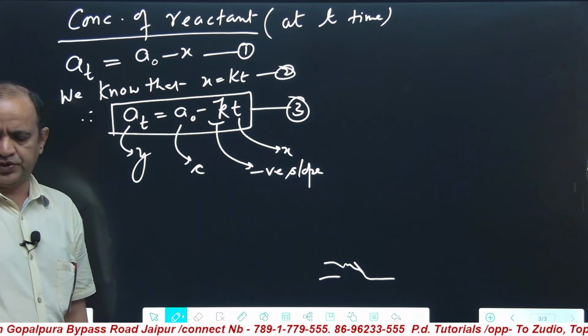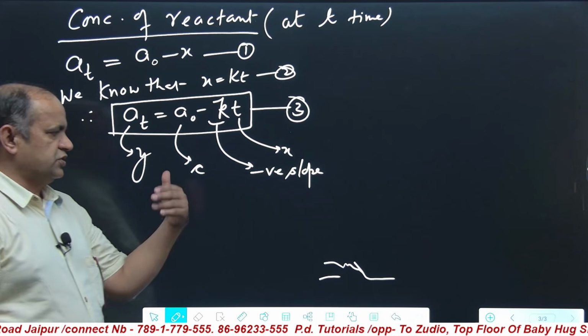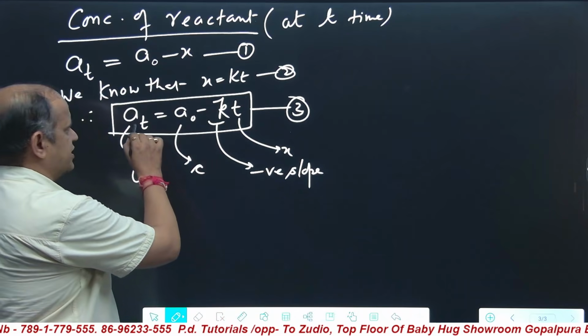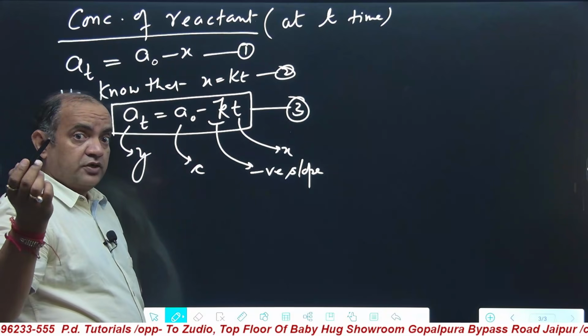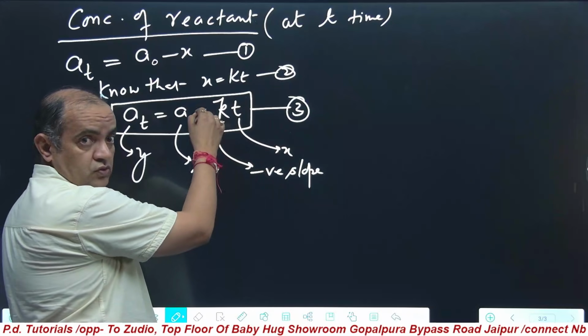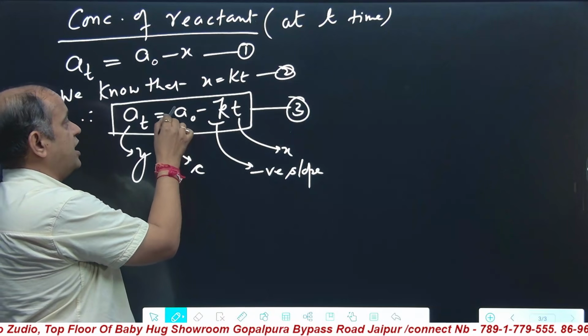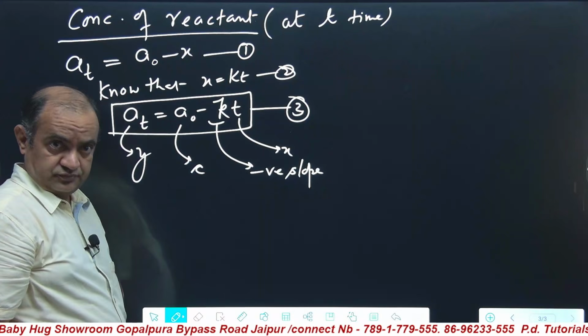Copy it. This is the general frame. At, the concentration of reactant at time t, equals A naught. Initially, when time was 0, the initial concentration is A0. On the passage of time, the concentration of reactant decreases linearly.